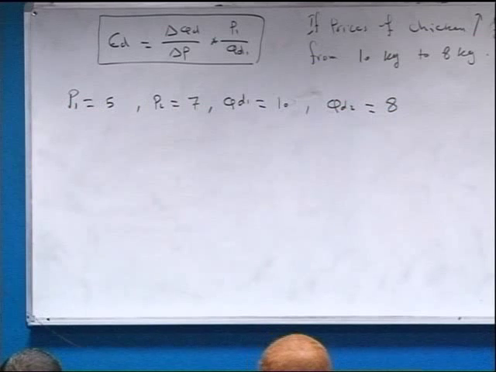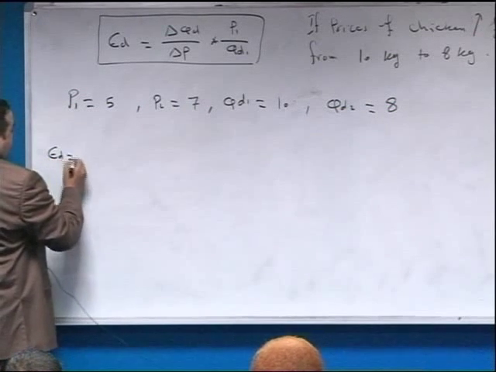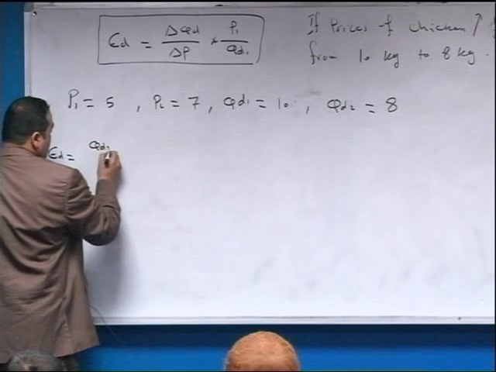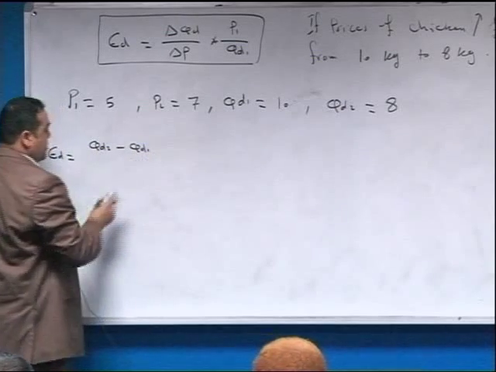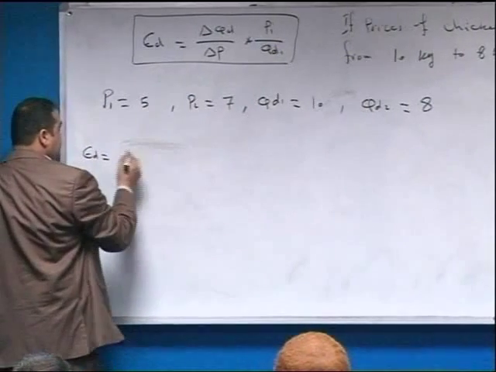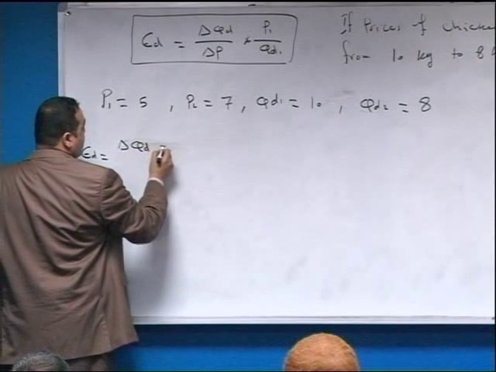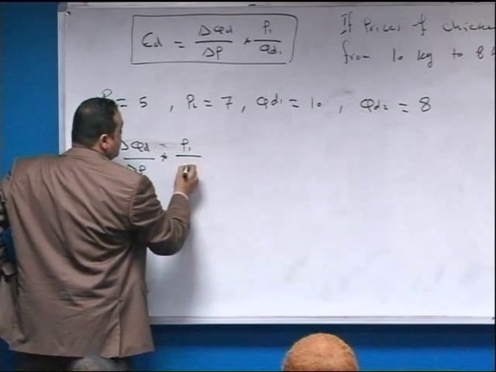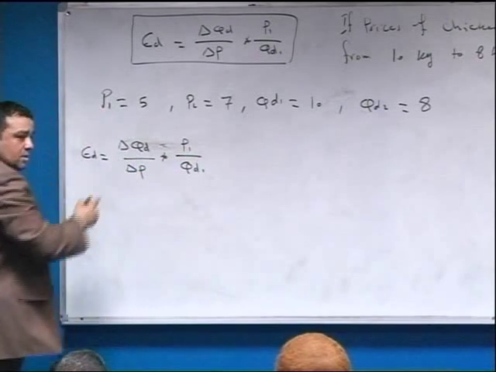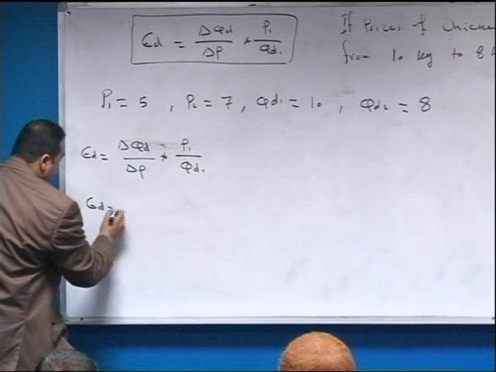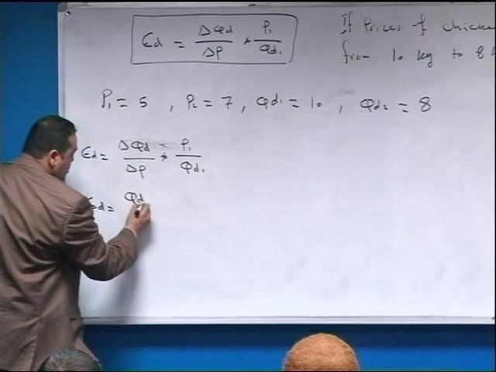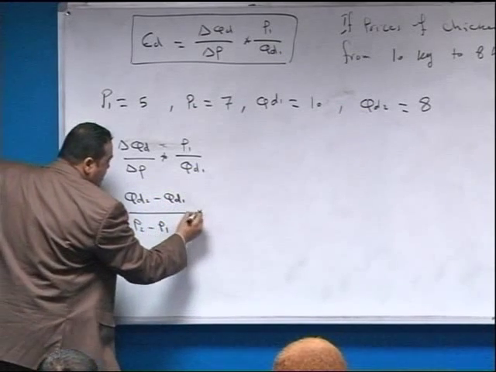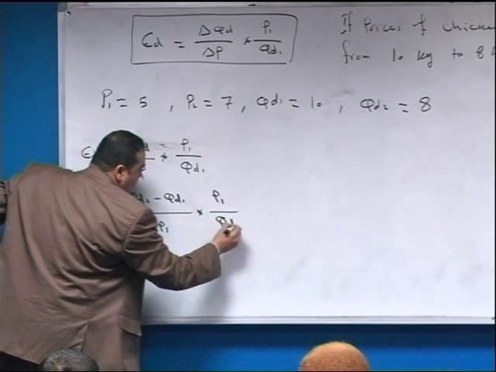To use this formula, ED equals delta QD, which means QD2 minus QD1, or let's write the original formula, delta QD over delta P times P1 over QD1, or ED equals QD2 minus QD1 over P2 minus P1 times P1 over QD1.